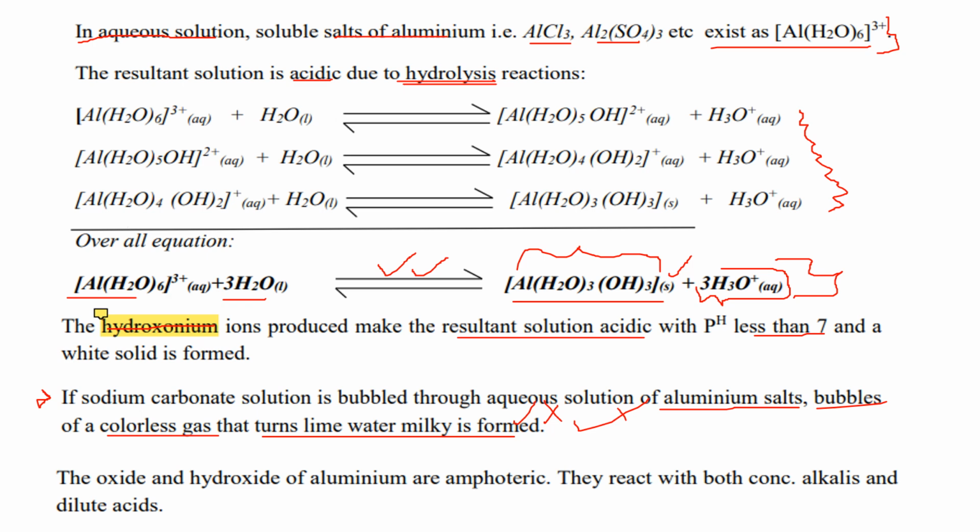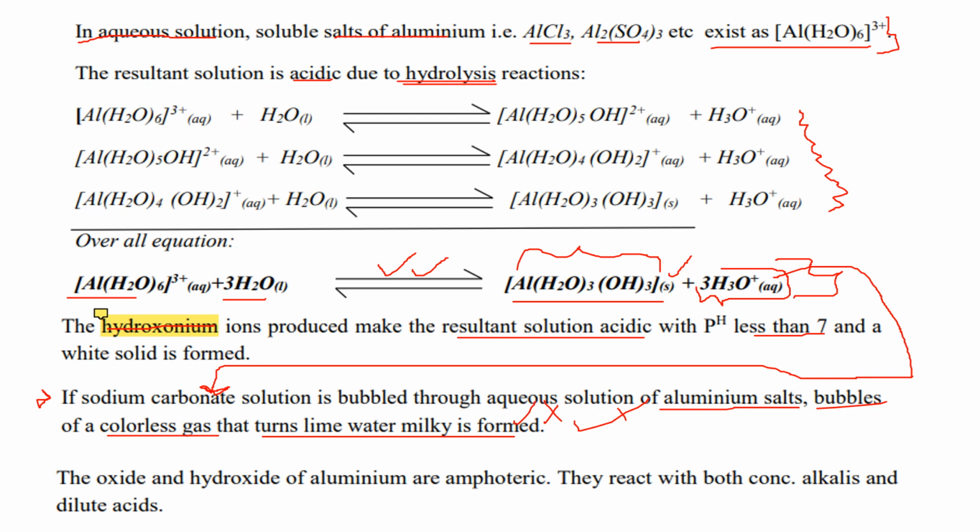Now the protons that are produced here, let me help you remember, are going to come and react with the carbonate ion that is coming from sodium carbonate. Now when the hydrogen ions or the protons react with the carbonate ions, they form carbon dioxide gas and water.